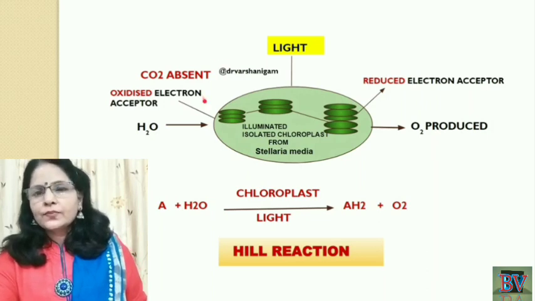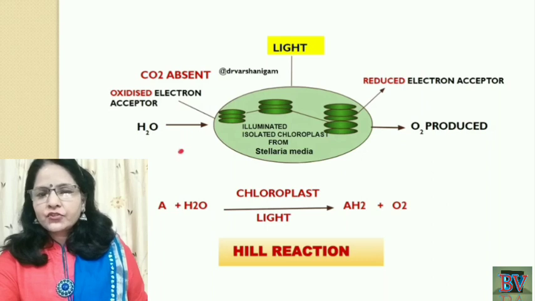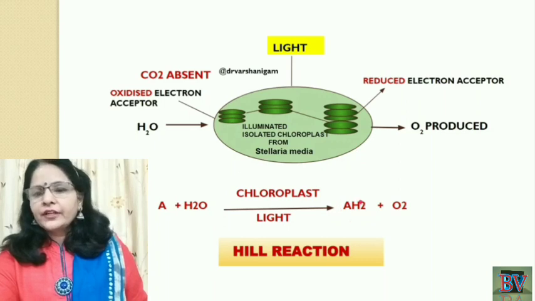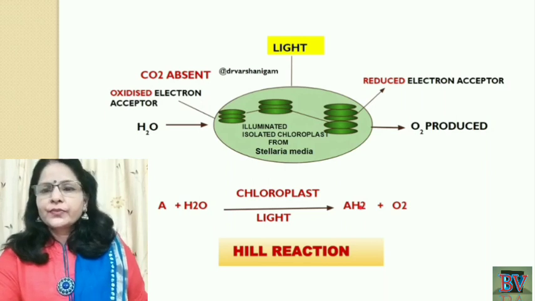He also observed that when this cell extract is replaced by some other ferric salts, the ferric salts are converted into ferrous salts and act as hydrogen acceptor. So it gets reduced, and this is called Hill reagent.